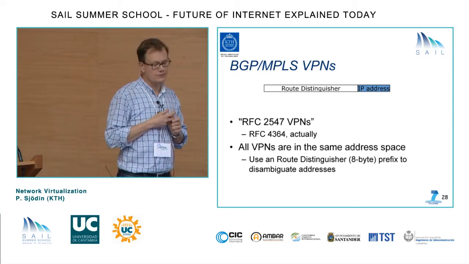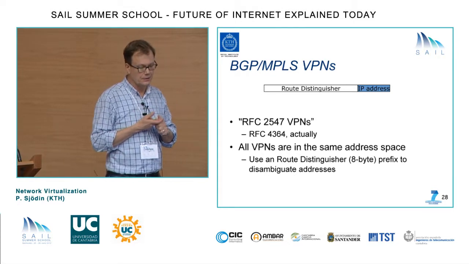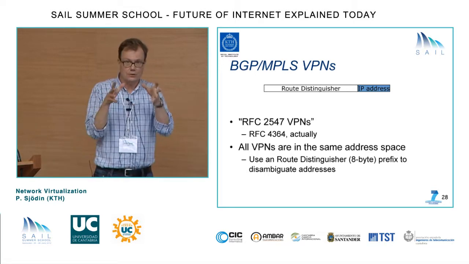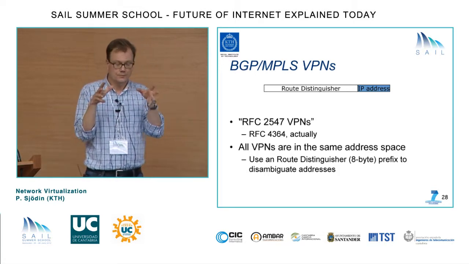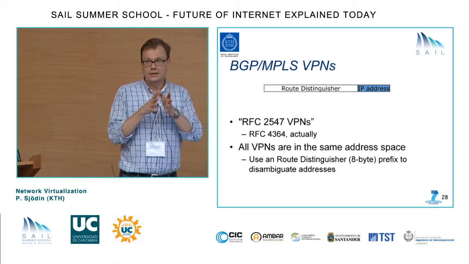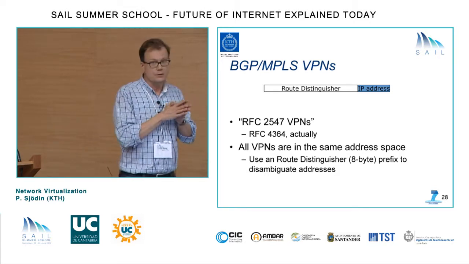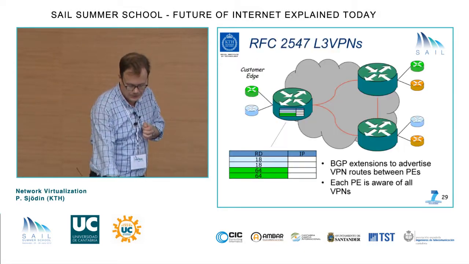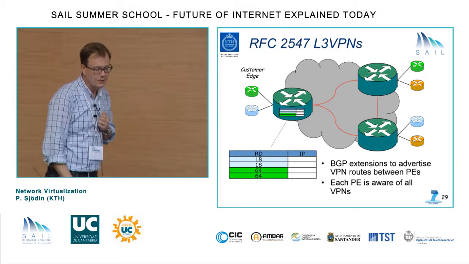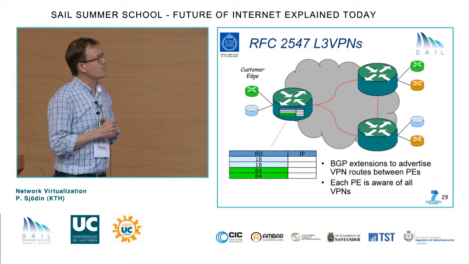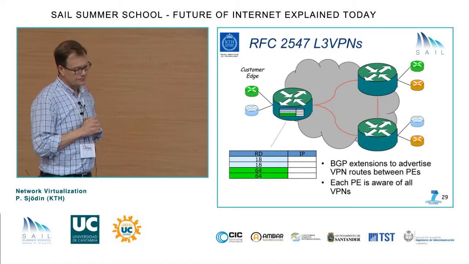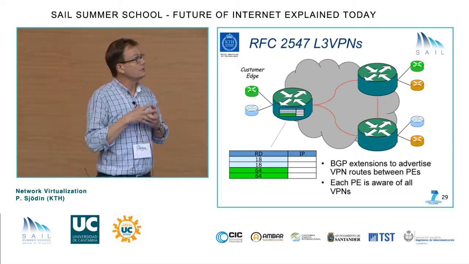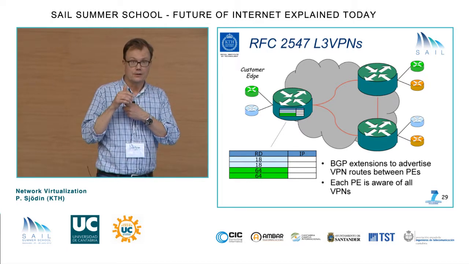One significant difference here is that all the VPNs are really, in a sense, in the same address space internally in the provider's network. So it's not that we are dividing the routers and the routing tables into different parts. Instead, they are all in the same space. Which means that for the routing tables inside the routers, we need to have prefixes.